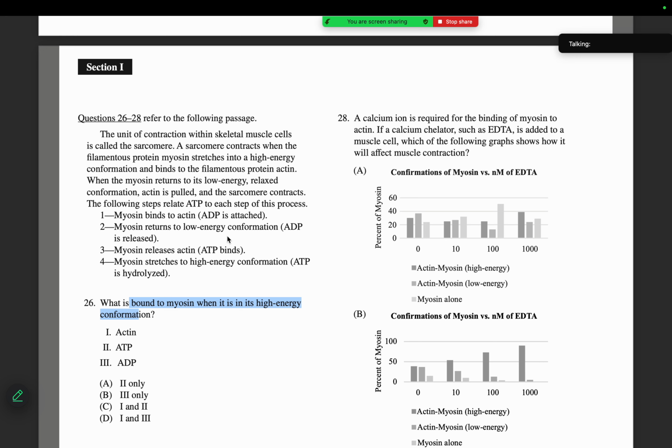Okay. I don't think calcium ion required for the binding. Well, yeah, you guys should be able to answer this one.